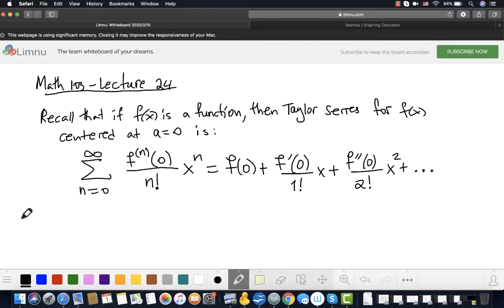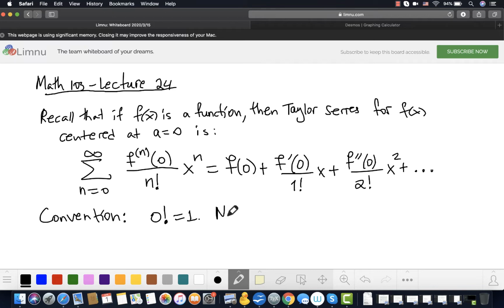So notice here that we use the convention that 0 factorial is 1. Because here the range of n is from 0 to infinity, and so we need to make sure we understand what 0 factorial is. And it turns out that the right convention is that 0 factorial must be 1.